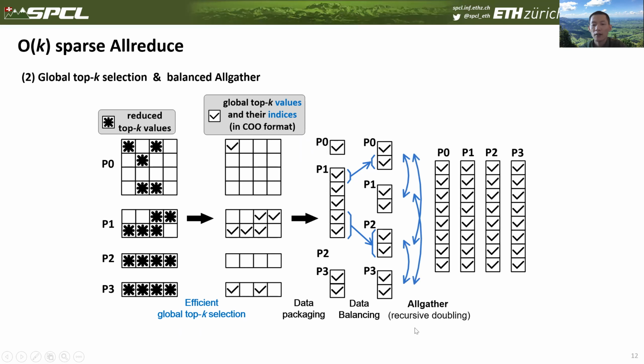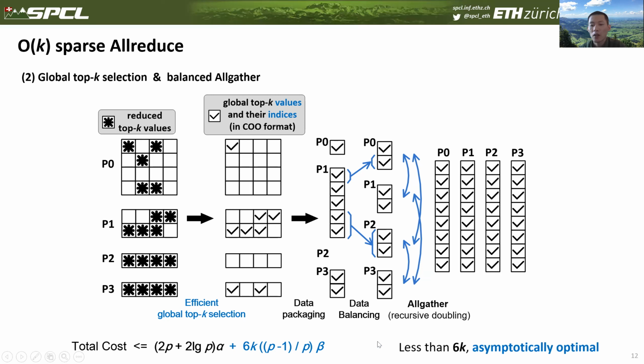After that, we conduct a standard all-gather operation using recursive doubling. And eventually, all workers will get the same global top K values. So overall, the total communication cost for OK Sparse Allreduce is modeled by this formula. You can see the bandwidth overhead is less than 6K, which is asymptotically optimal and is also more scalable than the previous algorithms.